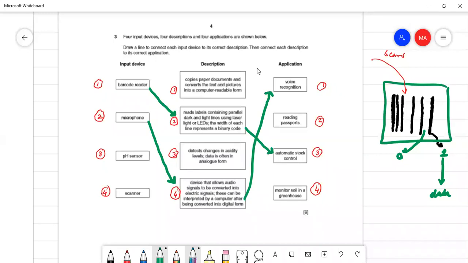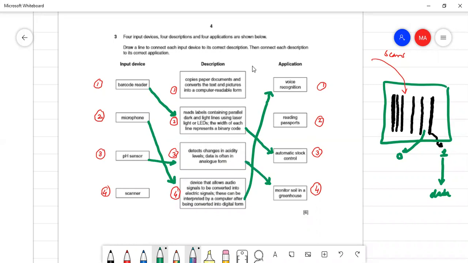Okay. Now the PS sensor, third input device. Obviously it is connected with the third description. And then this fourth one. So simply, the fourth one is connected.